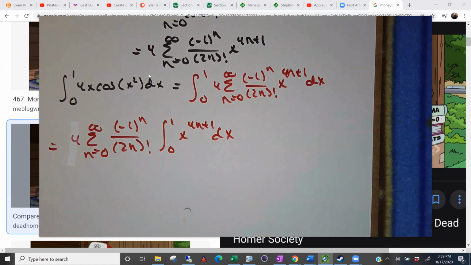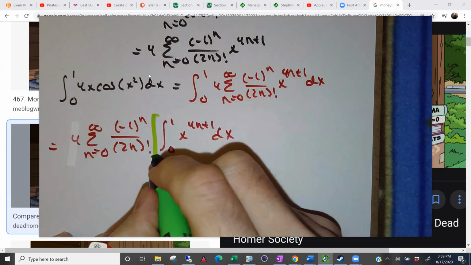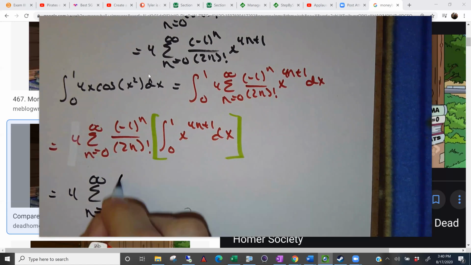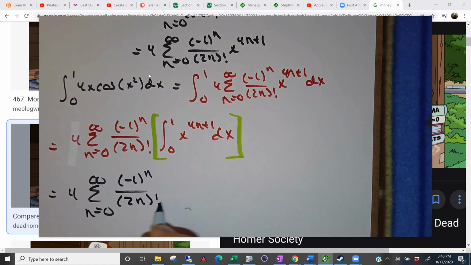And this, I'm hoping, is something that we can integrate. That's just a little old polynomial term. Okay. So what's that equal? The sum from n equals 0 to infinity of -1 to the n over 2n factorial.